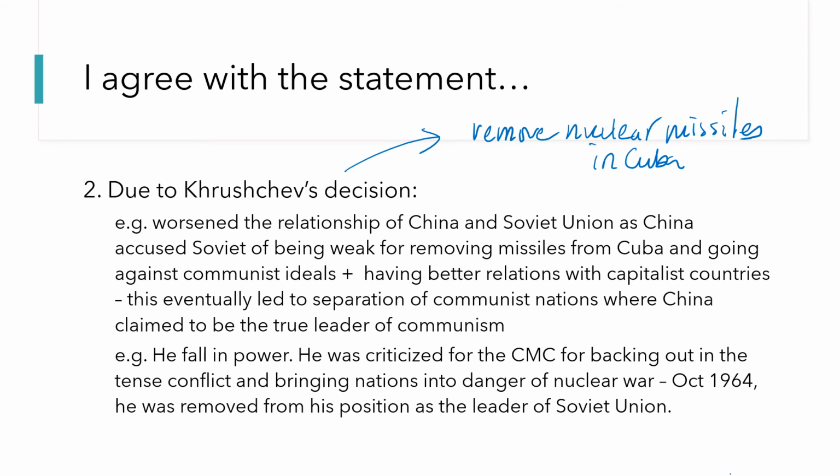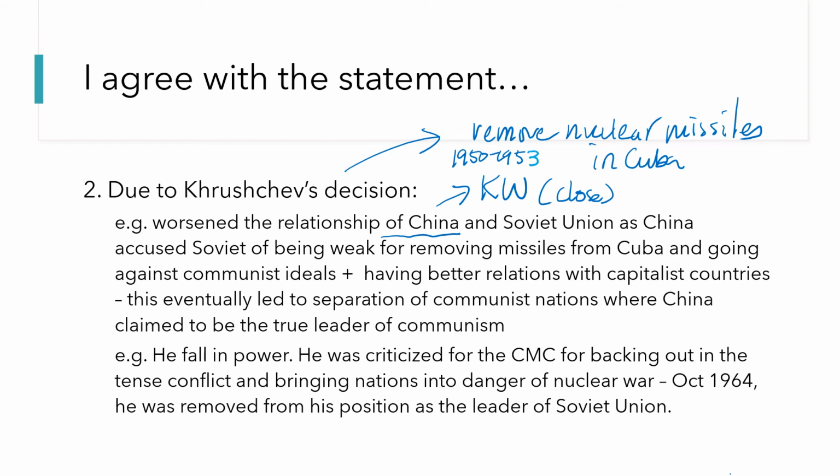Due to Khrushchev's decision, it worsened the relationship with another country, which was China. If you remember, China was a very good supporter of the Soviet Union during the Korean War, and their relationship was pretty close. Remember, the Korean War was from 1950 all the way to 1953.